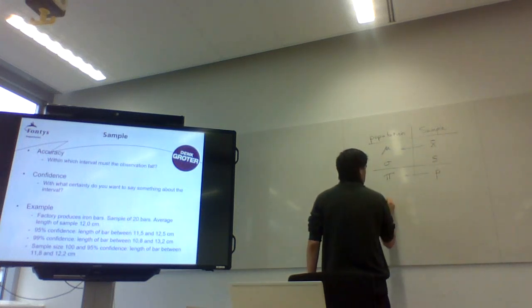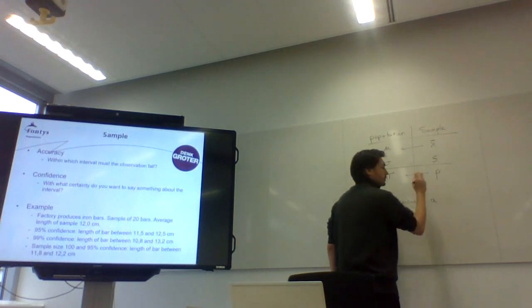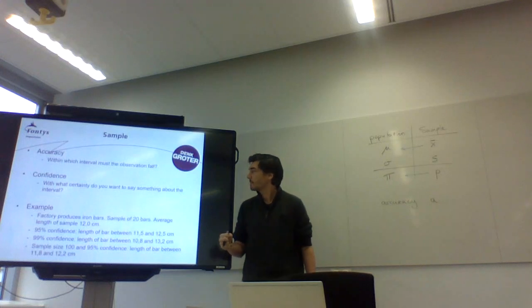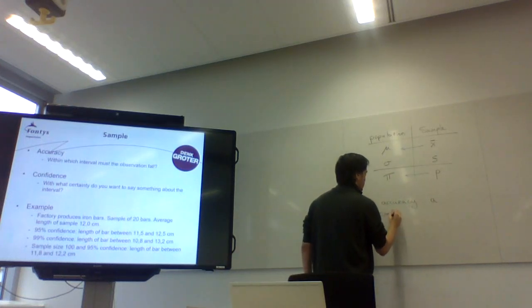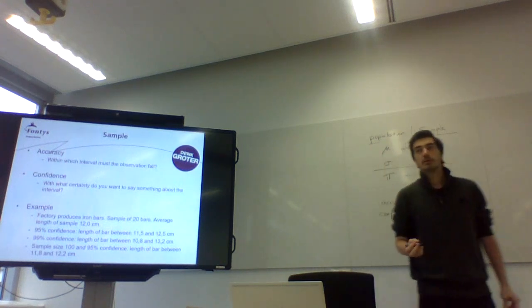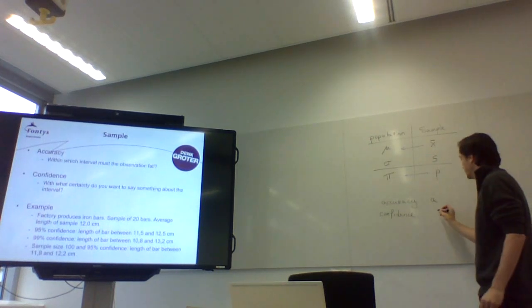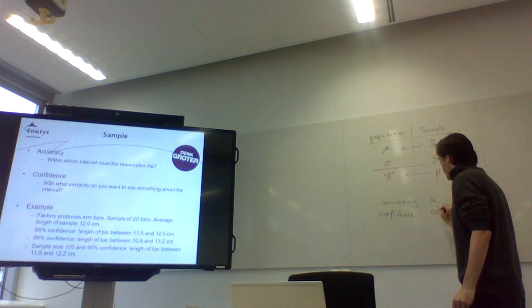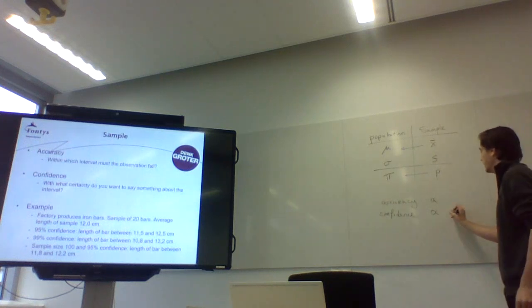Namely, we have something called accuracy, which we denote by the letter A, and confidence level, which is usually a percentage, and we denote that by the letter alpha, which is similar to the letter A, but Greek.